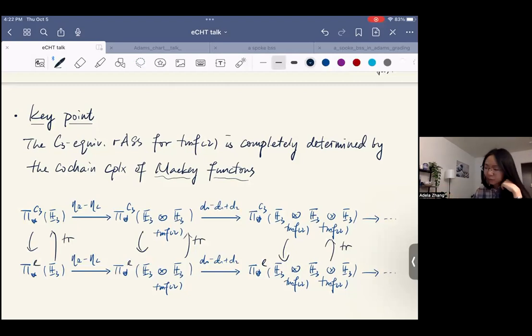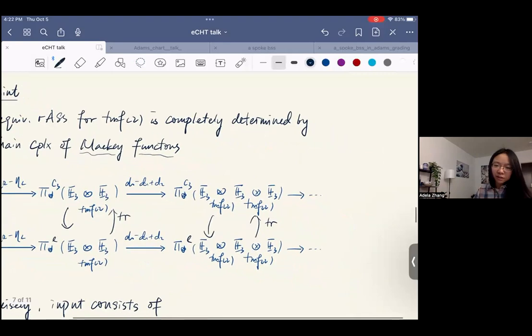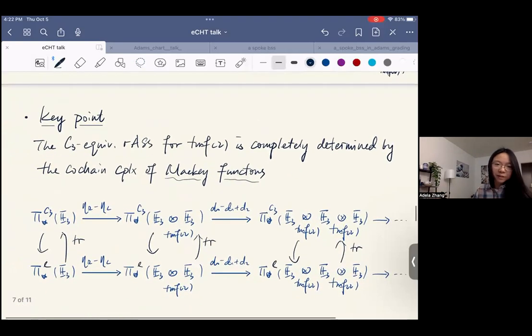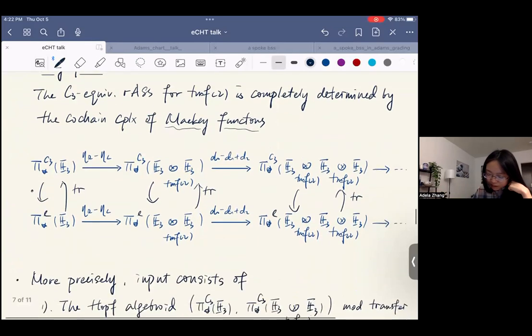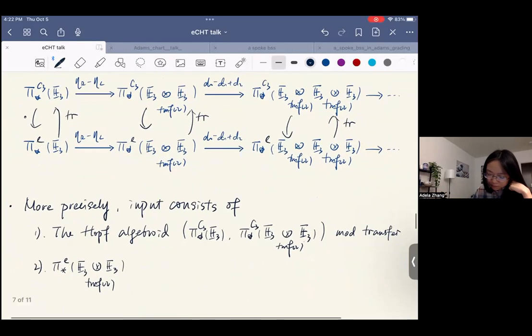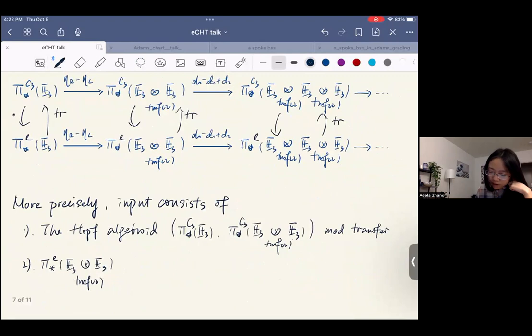More precisely, we don't even need to know everything in this picture that I'm drawing here. For instance, we don't really need to know the restriction map here. We haven't really tried to compute all the differentials upstairs. We only computed mod transfer. So more precisely, what we're using are the two following inputs. We know the Hopf algebraic structure on pi star C3 homotopy group of F3 tensor F3 underlined over TMF2 mod transfer.